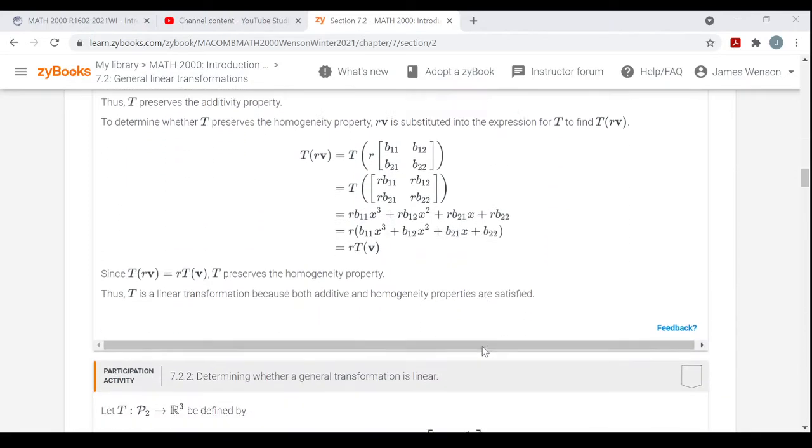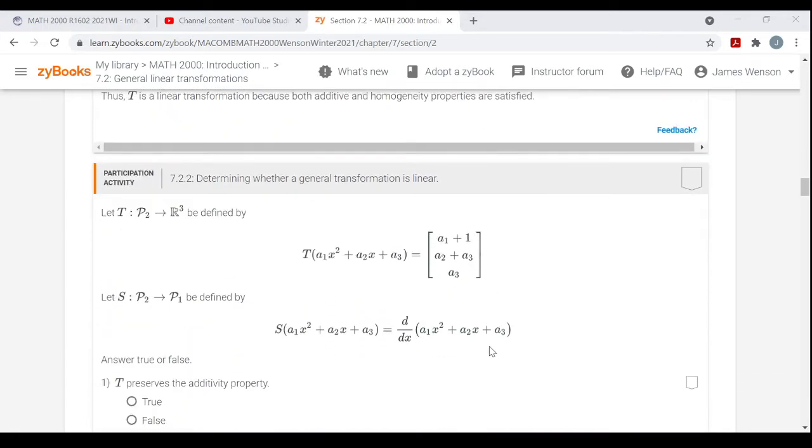Alright. So again, just like in section 7.1, it's pretty easy to determine by looking at these whether or not they're going to be linear. Basically, if all the coefficients, or all the entries of a matrix, or all the components of a vector, are linear combinations of the components of the input, then it'll be a linear transformation. So here, this is from P2 to R3.